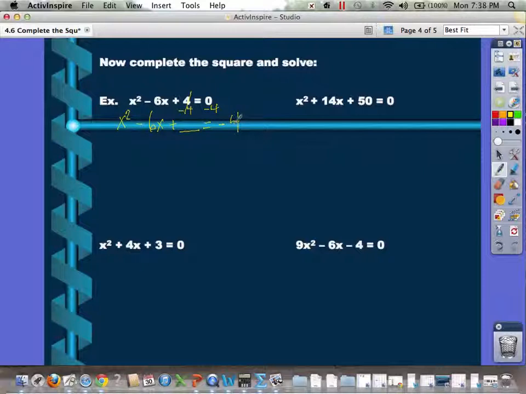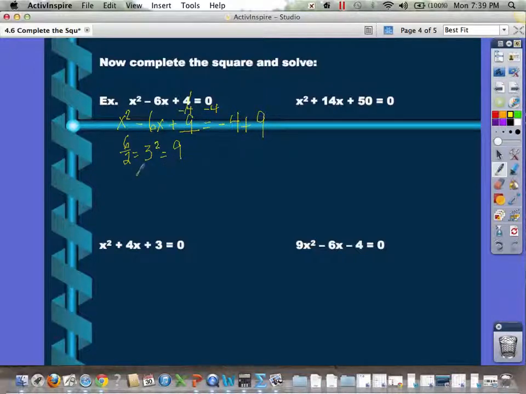Okay? Now I'm just going to look at this side right now. I need to complete that square and make it a perfect square trinomial. So I'm going to take my linear term and divide it by 2. So it's going to be 6 divided by 2, which is 3. Square that and add 9 to both sides.